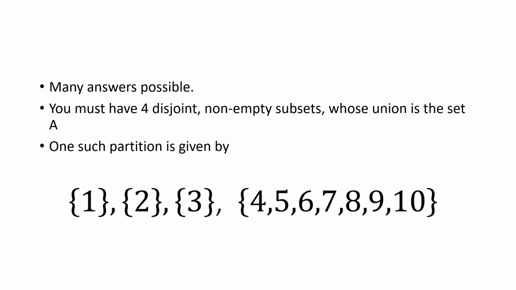You can do this a bunch of different ways, but you must have in your answer 4 disjoint, non-empty subsets whose union is the set A. So one partition that can be given is this one. So we have the singleton sets 1, 2, and 3, and then we have just the rest of them here. You see the union ends up to A, and so this is what we call a partition.